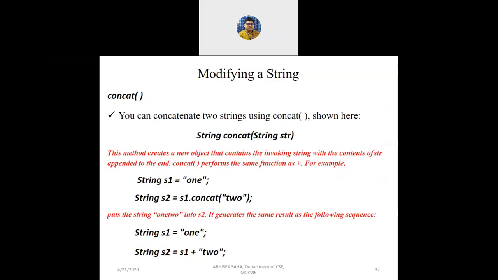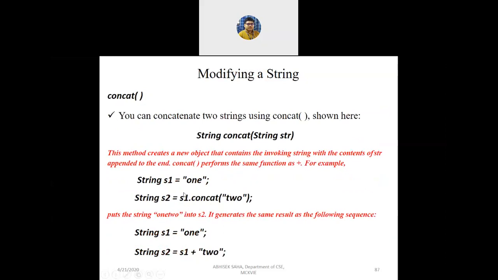This is for the purpose of concatenation. You can concatenate strings using the concatenation operator. We have already shown the concatenation operator earlier, but we have one more function, that is concat.